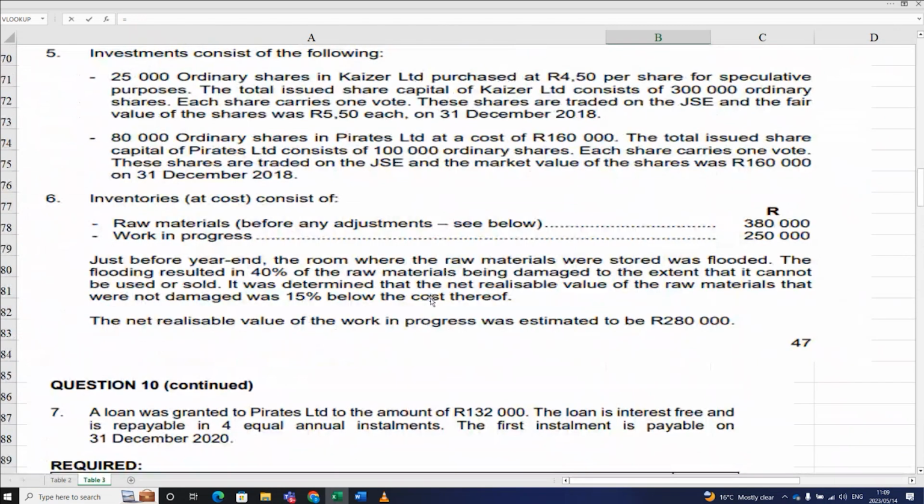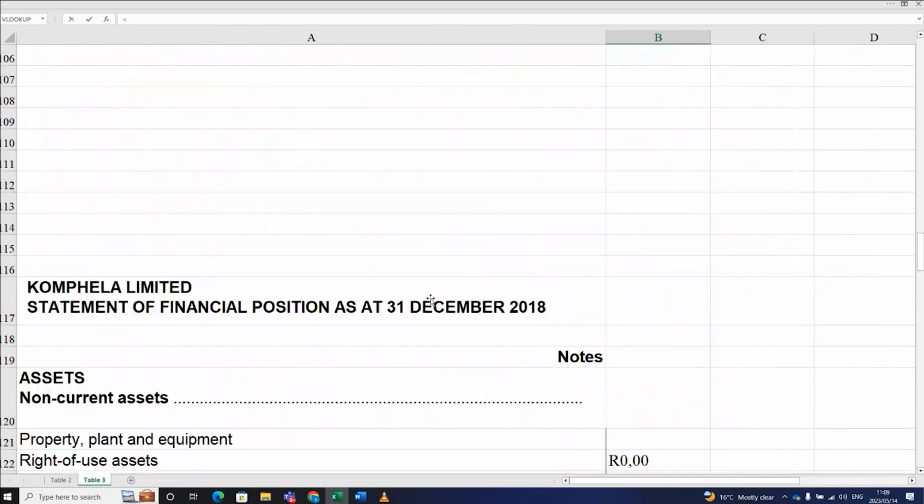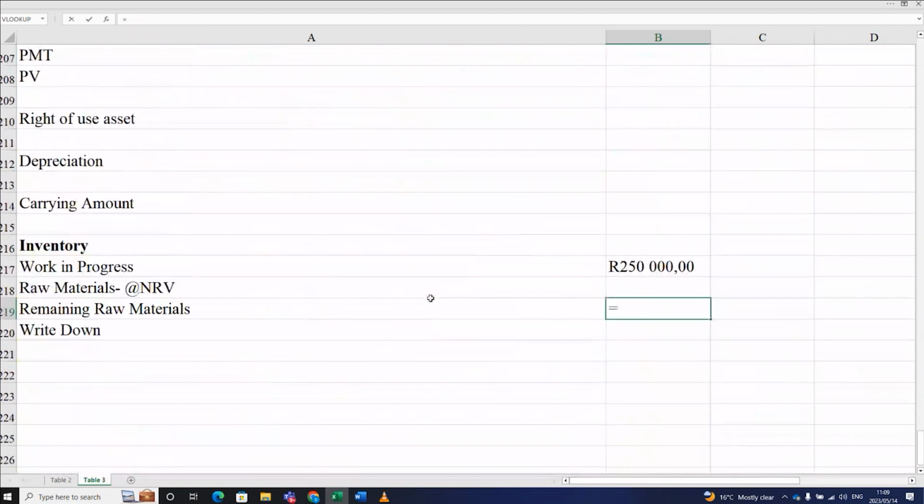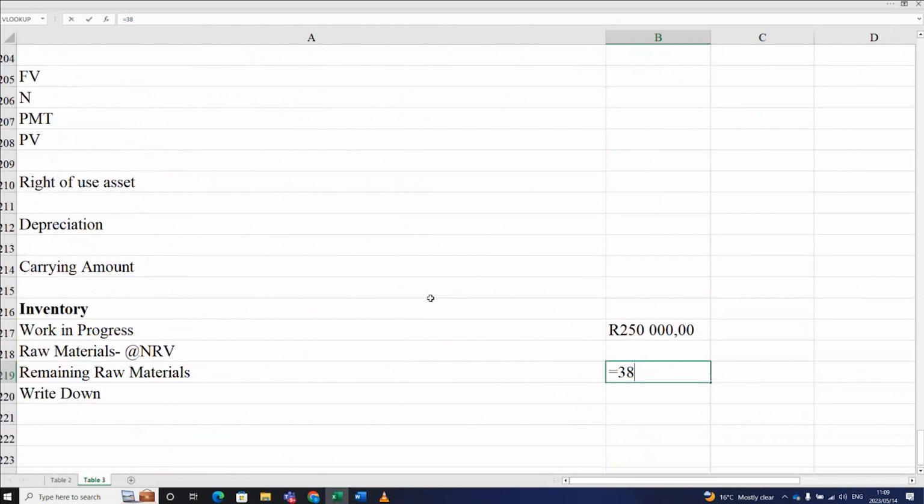The starting value was 380,000, so now you say 380,000 multiplied by 60%. That's what you have remaining. And then they say this remaining portion has been written down by 15%. So we multiply by the 15%, and then the value is the 280 minus that 15%, and that's the value of our raw materials at net realizable value.